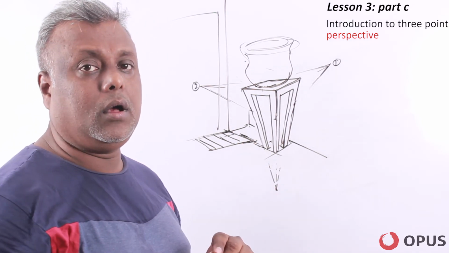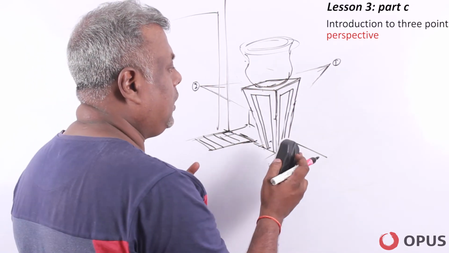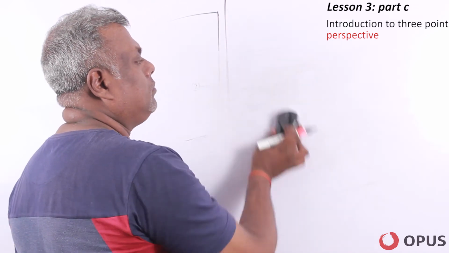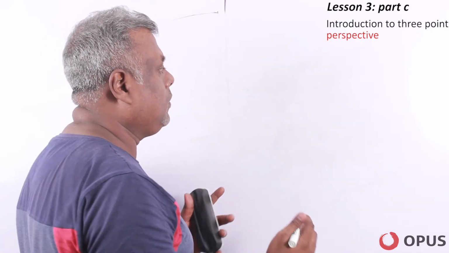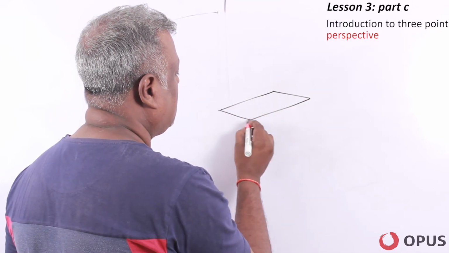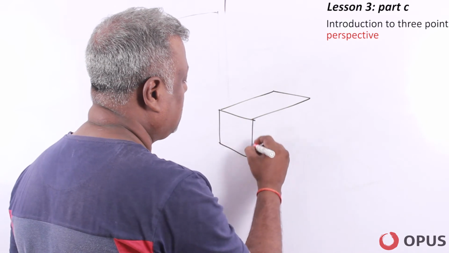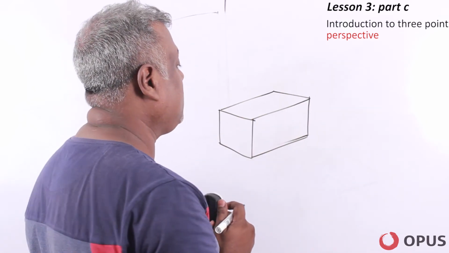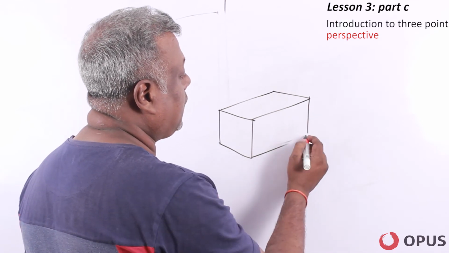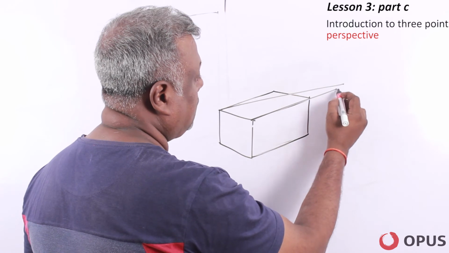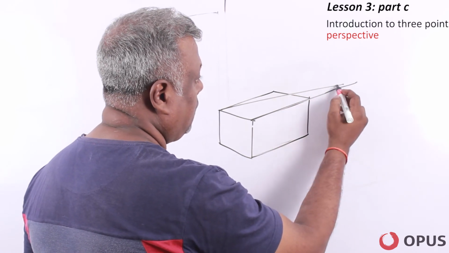Similarly, to correct it further, let me introduce to you one more 3 point perspective in terms of vehicle drawing. If I have a bus which is just orthographically represented, sorry, isometrically represented, and if I need to create a perspective, okay, I create a perspective like this of a bus, right?